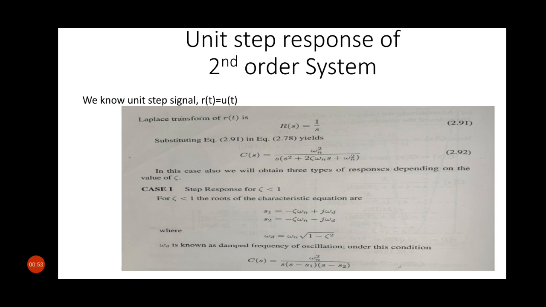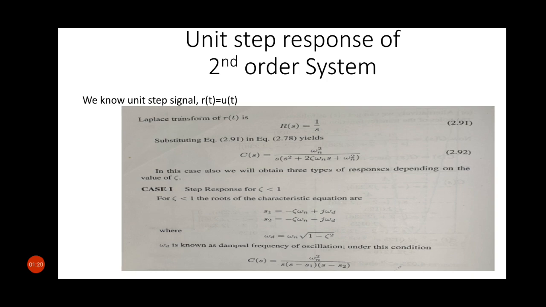That means R(s) equals 1 by s. Now we put this R(s) in our second order transfer function. After putting the value of R(s), the output response C(s) looks like this, which I have expressed in equation number 2.92.